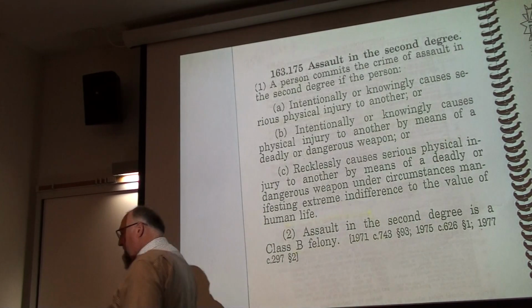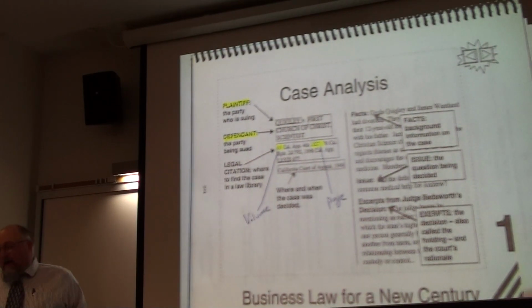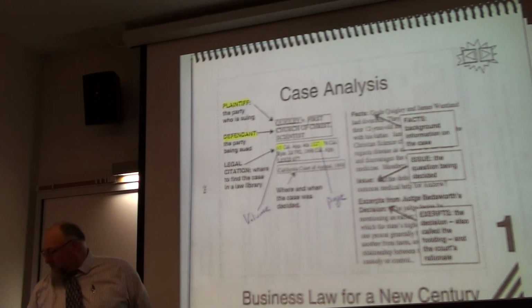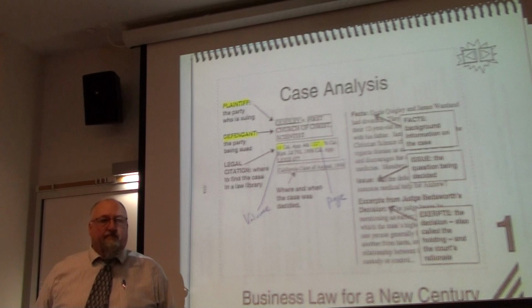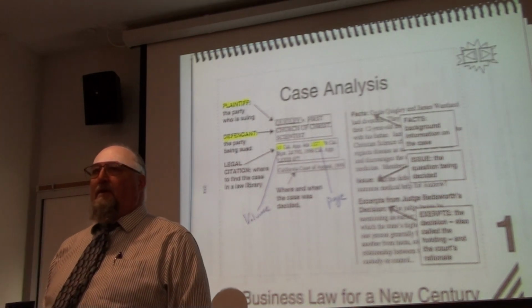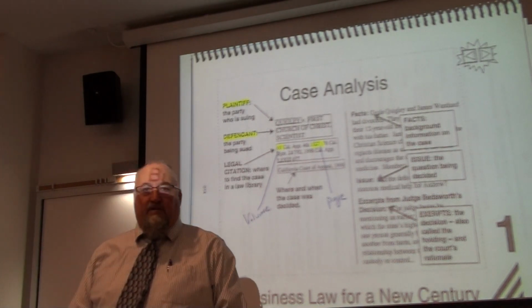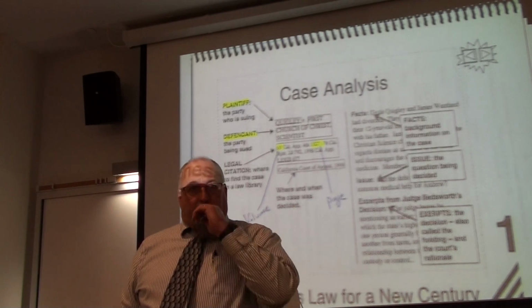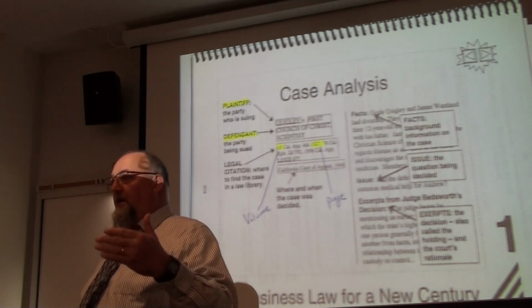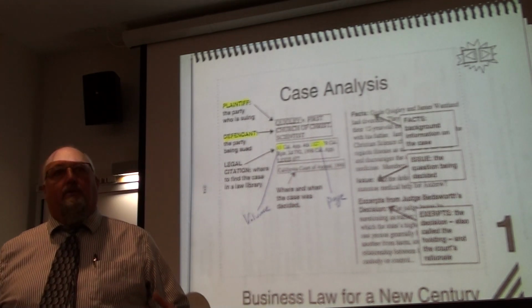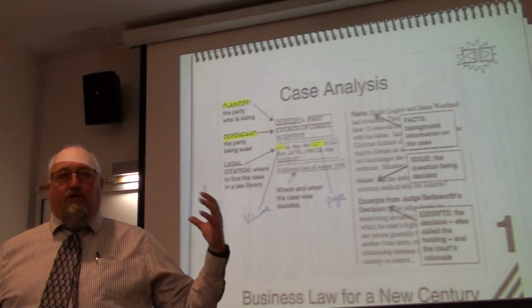All right, so let's move on a little bit here, and let's talk about what happens. This is on page 13, I think. Is that right? My book's off a page number. All right, so when these cases are written down and published, they follow this basic general format.